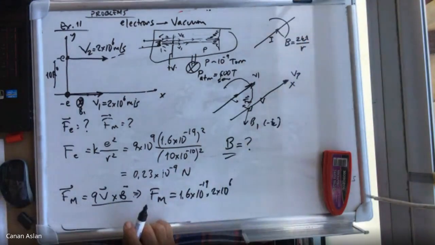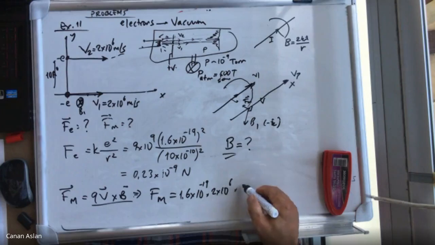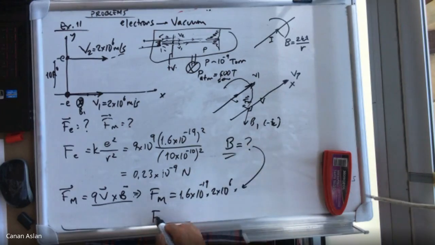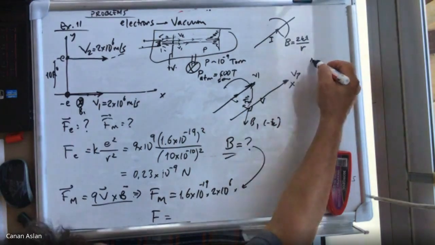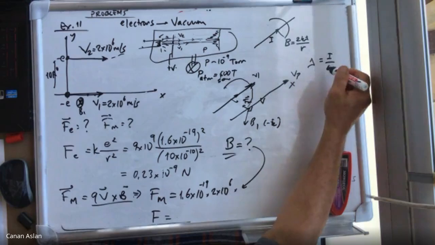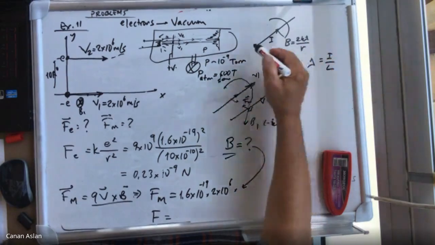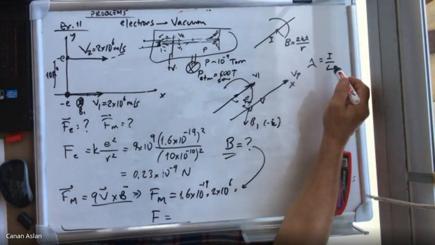From this, you can find the magnetic field and insert it here. Lambda should be defined as the current per unit length. K is known and r is known because it's 10 angstrom. But how can we find lambda?